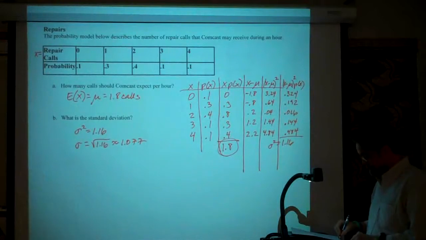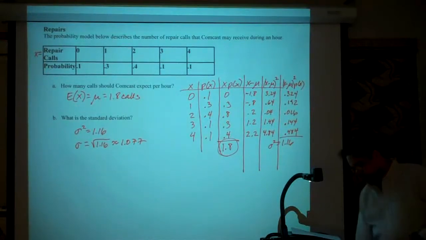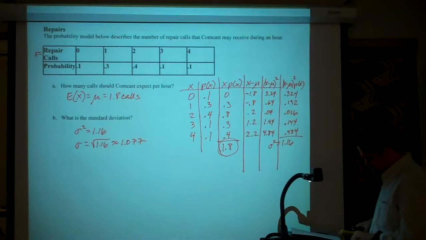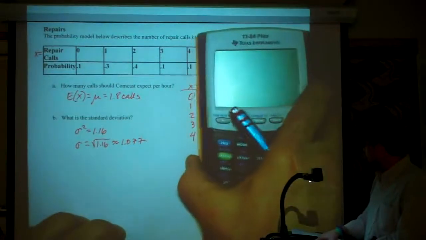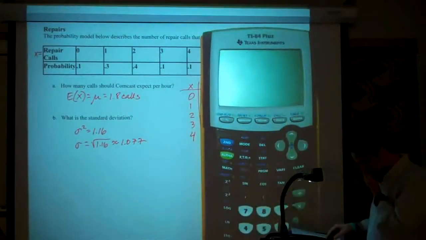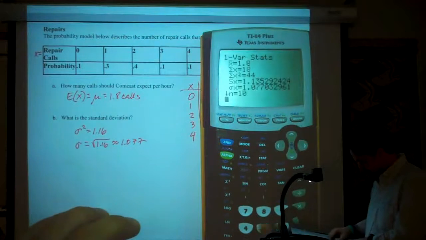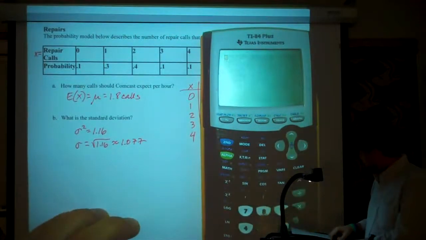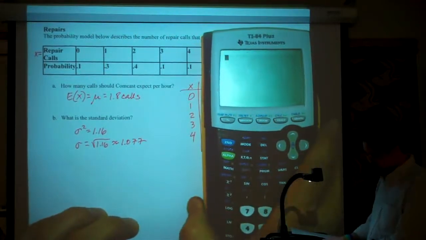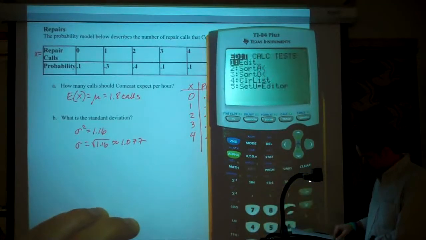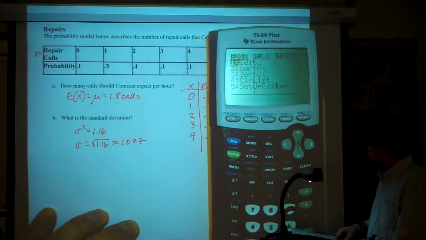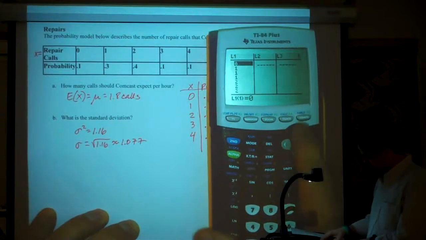Okay? All right, let me show you a trick. I don't recommend doing problems like this, but here's a pretty easy way to check and make sure you did it right. Take your TI-84 or TI-83, click on Stat, Edit, okay, and I'm going to get my list here.